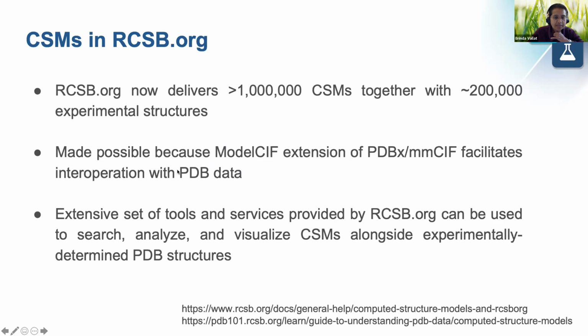This was made possible because ModelCIF, which is an extension of PDBx/mmCIF, facilitates interoperation with PDB data. The extensive set of tools and services provided by rcsb.org can be used to search, analyze, and visualize computer structure models alongside experimentally determined PDB structures.